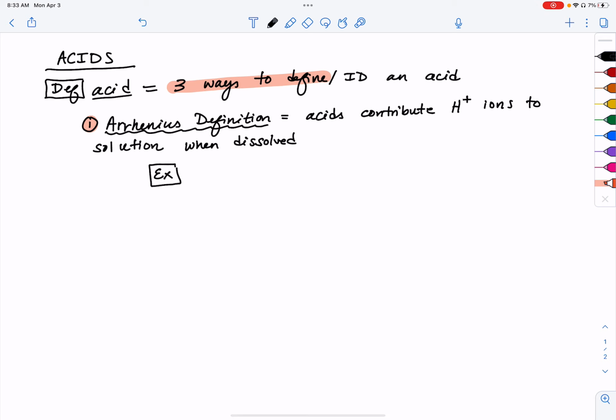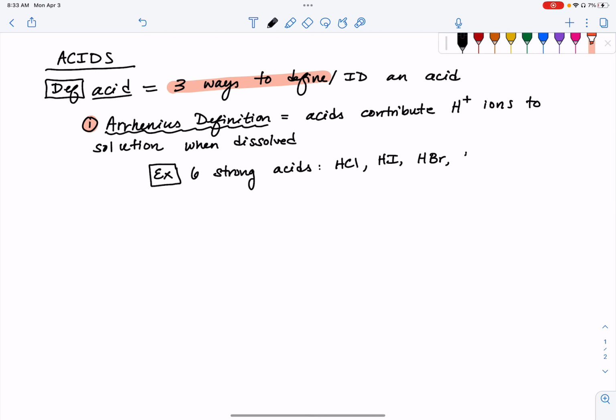So we have seen things like our 6 strong acids: hydrochloric acid, hydroiodic acid, hydrobromic acid, nitric acid, sulfuric acid, and perchloric acid. If we're looking at a strong acid, then we are going to look at full dissociation.